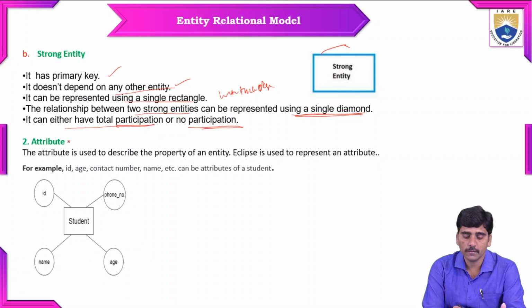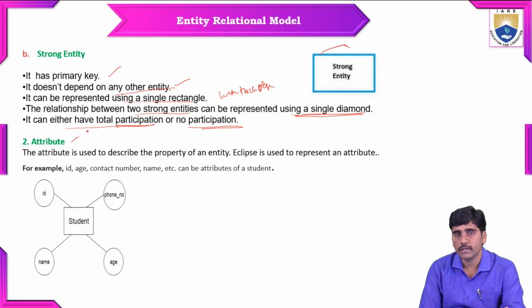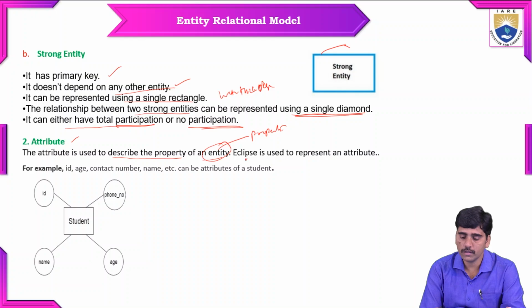The second one, attribute. An attribute is used to describe a property of an entity. Here an ellipse is used to represent an attribute.